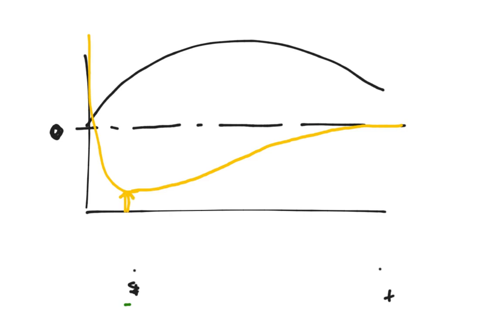This minimum amount of energy is what we would call the bond length, how close they are going to get together to form that bond.